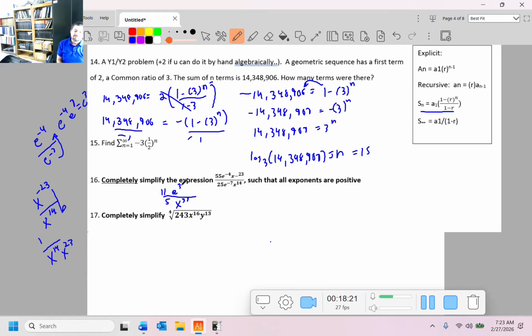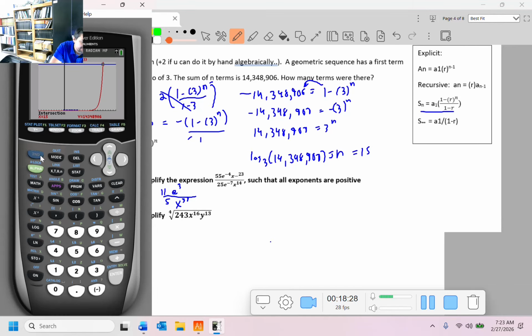Easy peasy lemon squeezy. Now, 243 happens to be a power of 3. It's not rocket science here, but for some kids it may as well be. But the 4th root, the 1/4 power, is going to be a 3. Oh, apparently it's not. All I'm doing is 7s here. Here's my mistake. 243 is 3 to the 5th.